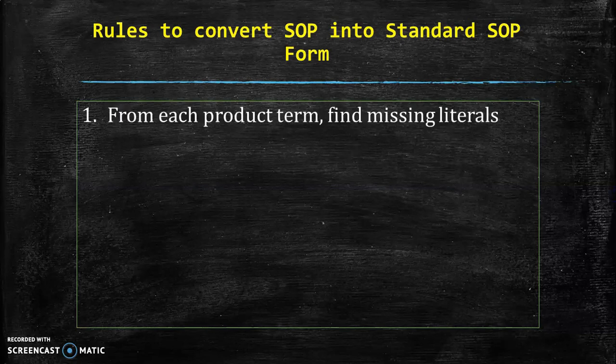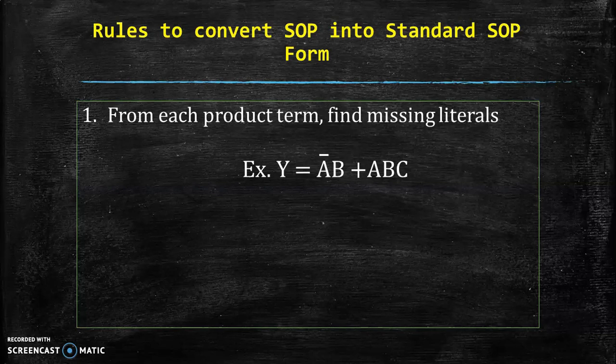We have rule or step 1. From each product term, find the missing literals, if any. We have a number of product terms in our Boolean function, and in each product term we have to observe whether all literals are available or not. For example, we have y is equal to a bar b plus abc.